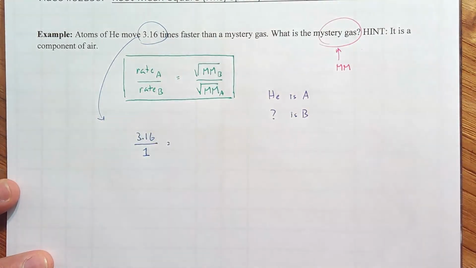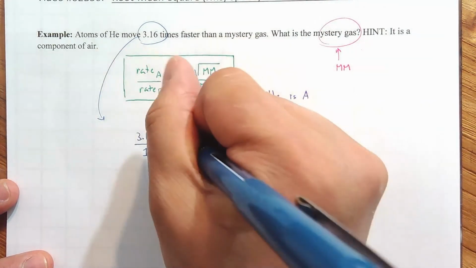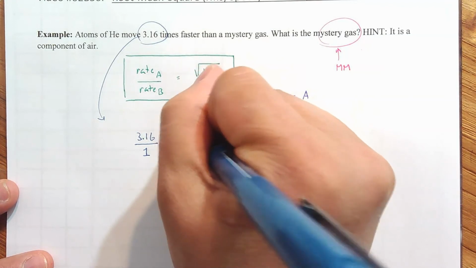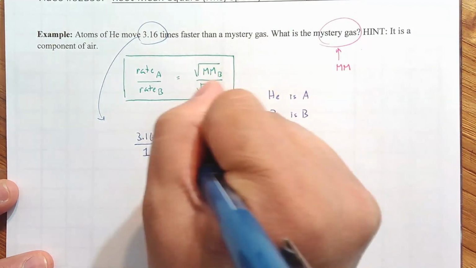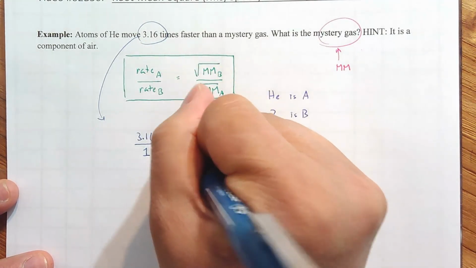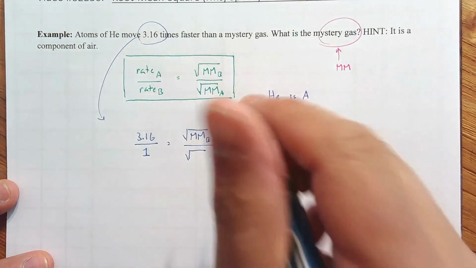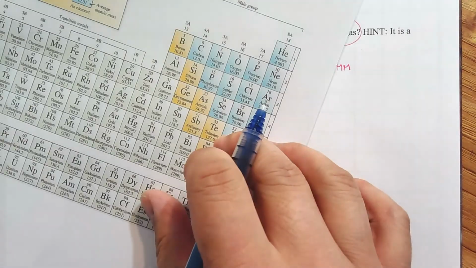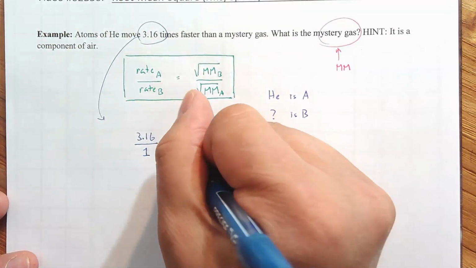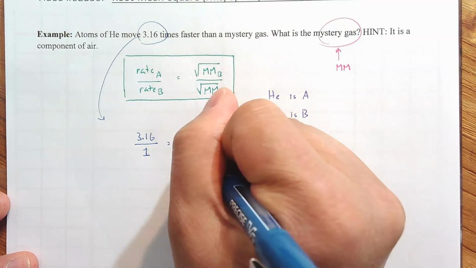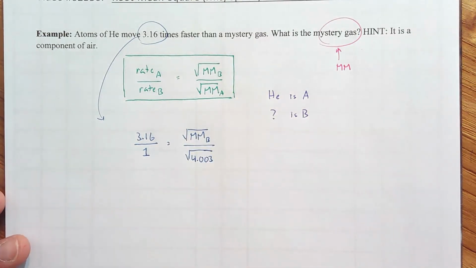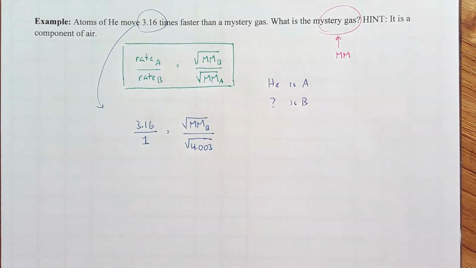Well, we have an unknown, and the unknown is B. So the unknown here is the molar mass of B on top. And then the molar mass of helium, A, is 4.003. Now hopefully you have the setup like I do. Now let's see if I can punch in the numbers correctly on a calculator.